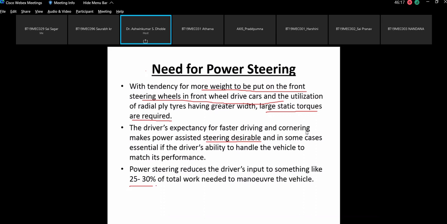It will not totally take over the steering effort. If the vehicle is fitted with power steering, don't expect that you don't have to work hard. Suppose 100 joules of energy is required, then out of that 100 joules, 25 to 30% of the total work needed to maneuver the vehicle will be contributed. That means 25 to 30 joules of energy is contributed.